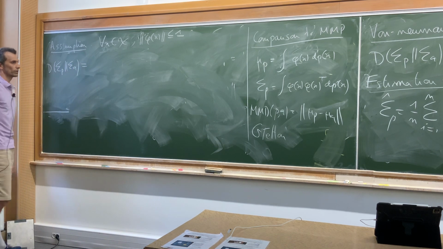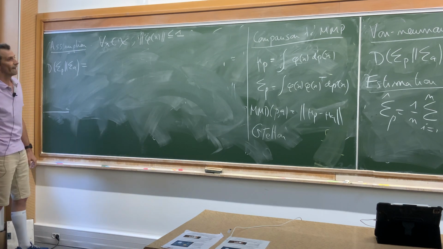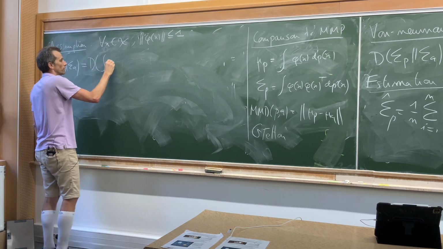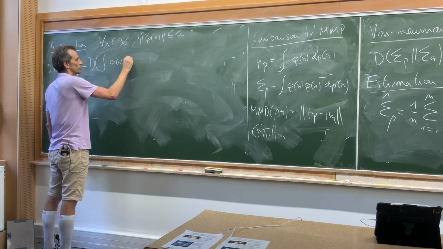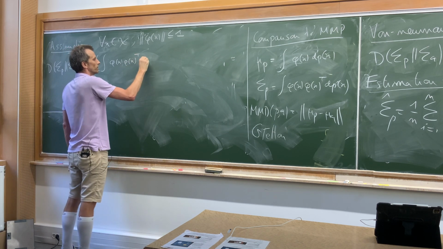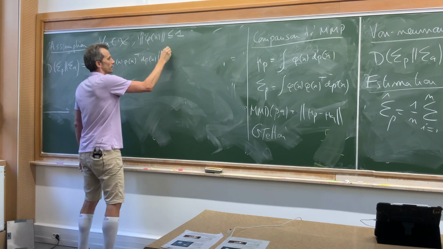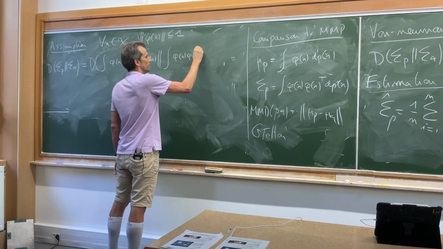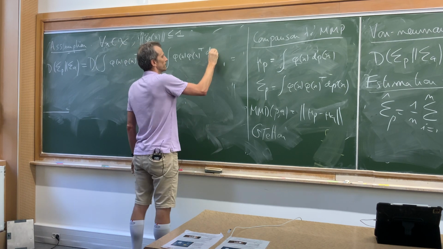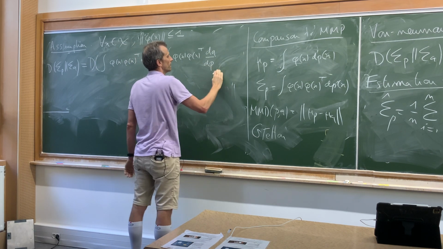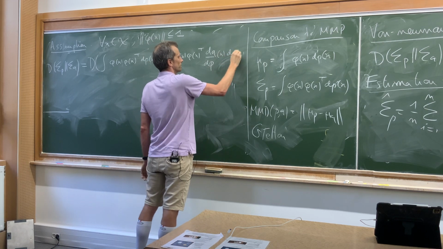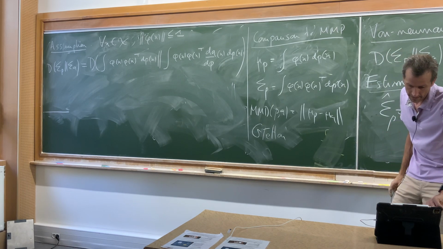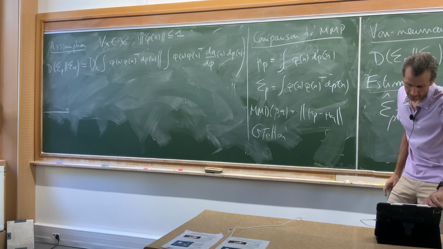The formula is the divergence between the integral of phi of x phi of x transpose dp(x), and the integral of phi of x phi of x transpose dq(x). Let me write dq(x) as dq over dp of x times dp(x). Okay, let me check I'm proceeding correctly.